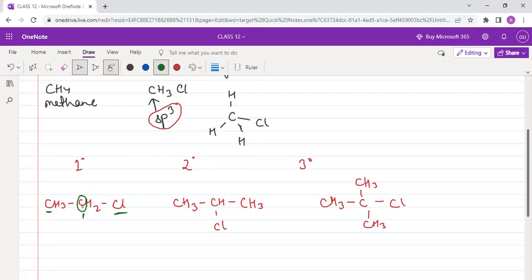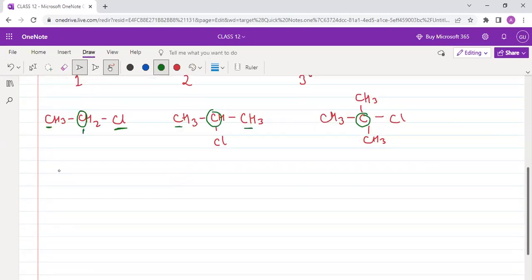Now here, the halogen is attached to this carbon atom, and this carbon atom is further attached to two carbon atoms, so it will be secondary. And in this one, the Cl is bonded to this carbon, which is further attached to three carbon atoms, so it will be tertiary, 3 degrees. So you should know this.